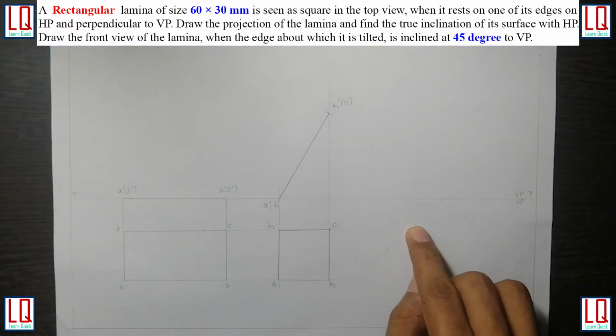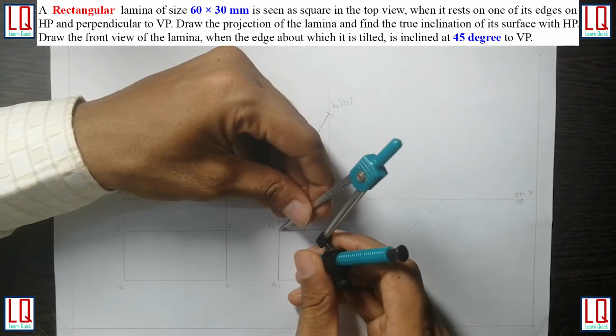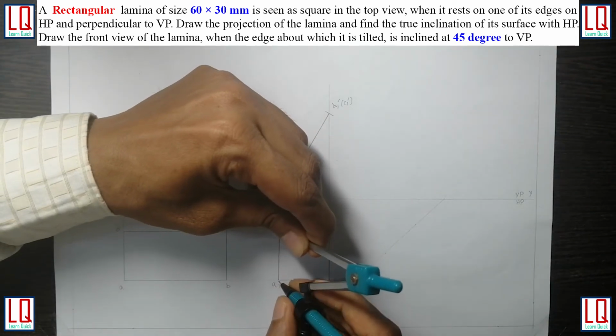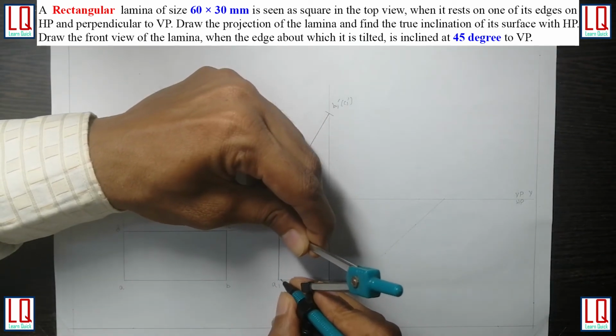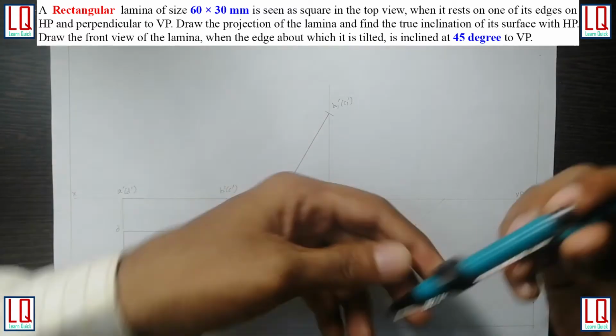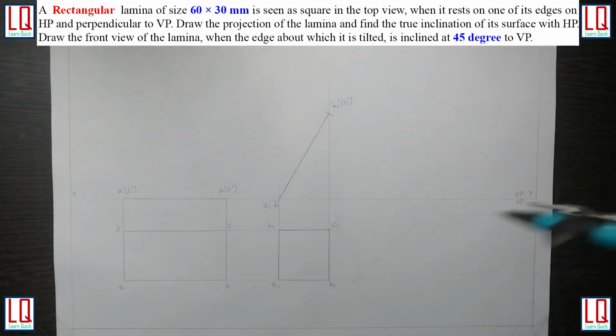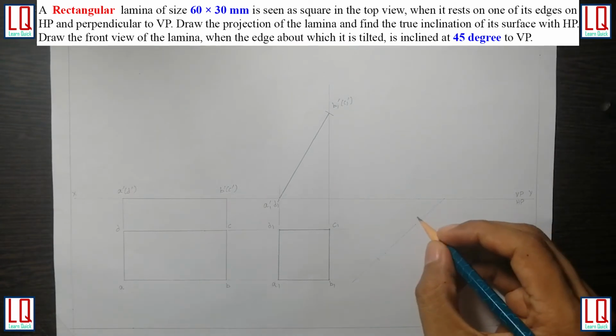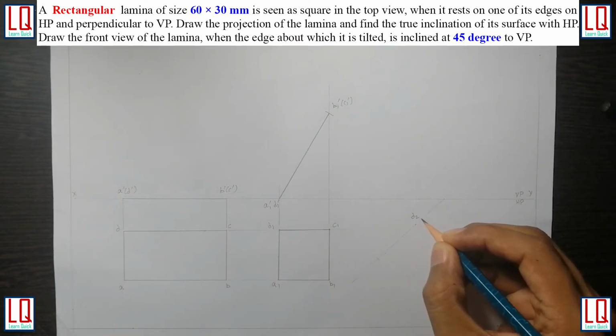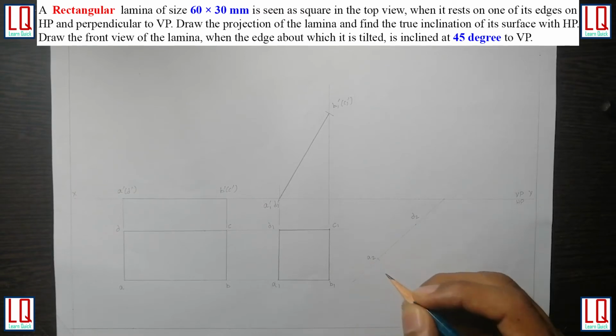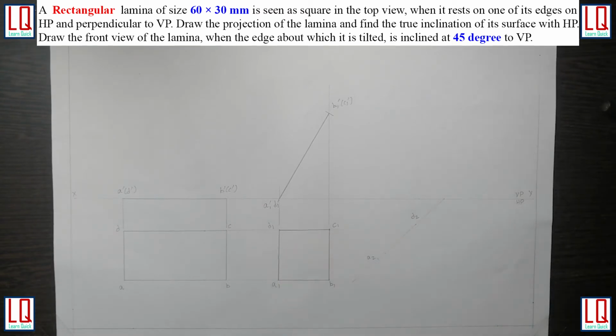Now consider a point on the inclined line, measure A1 D1 and transfer it to the inclined line and mark this point as D2, A2. Since all the sides are 30 mm, I directly draw the square.